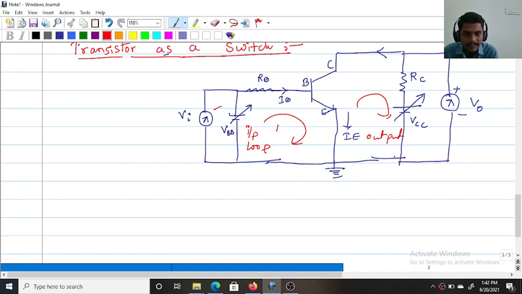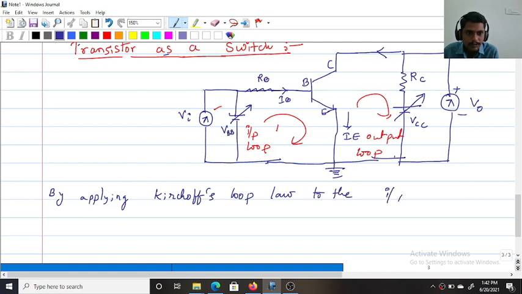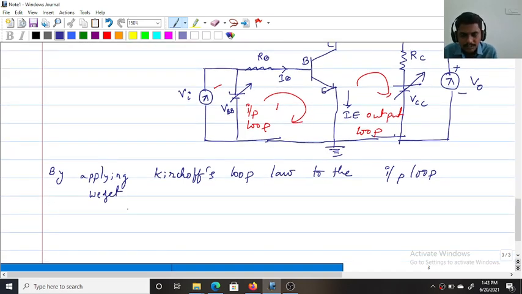I want to apply Kirchhoff's voltage law, the loop law, to the input loop. This was the input loop.